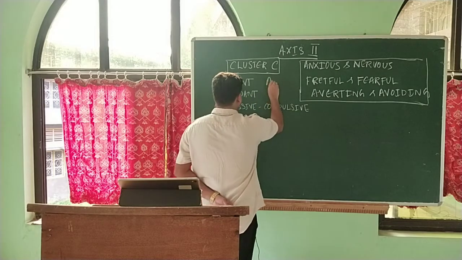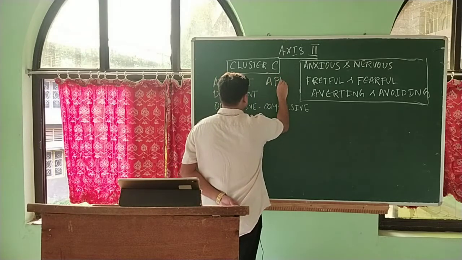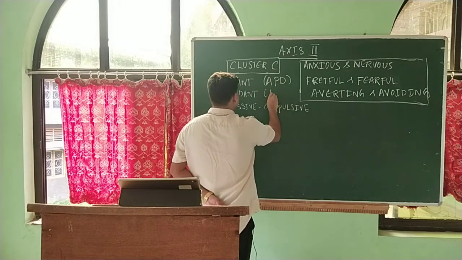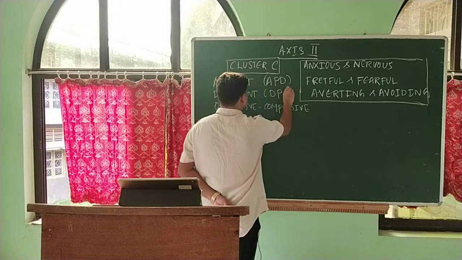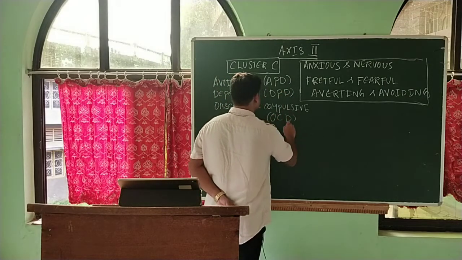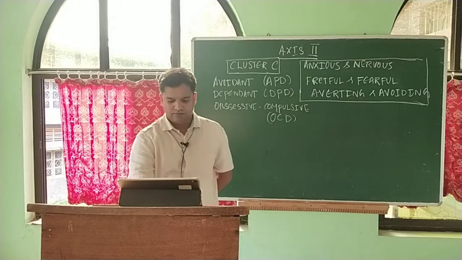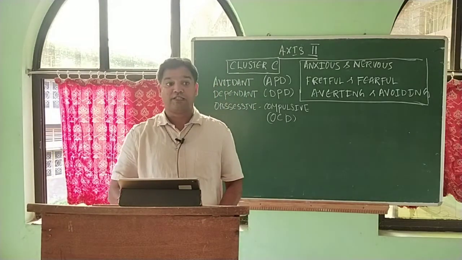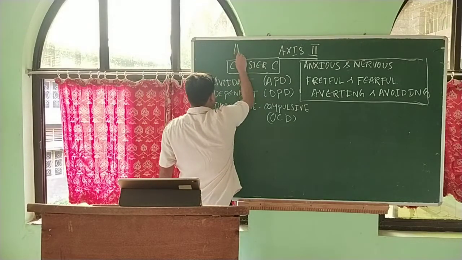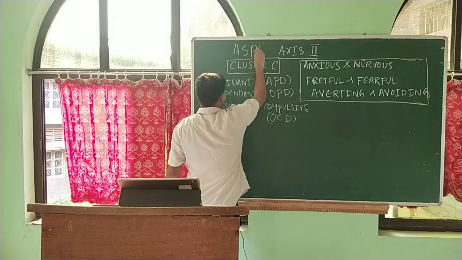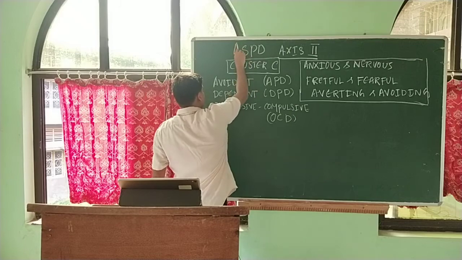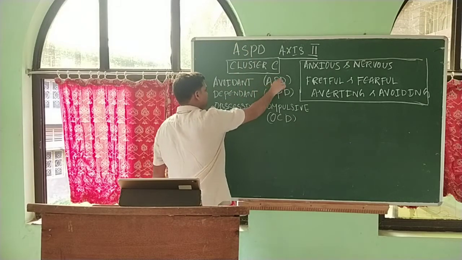So we call it APD, avoidant personality disorder, DPD, dependent personality disorder, and then the famous OCD, obsessive compulsive disorder. Formerly we have seen antisocial personality disorder, which we can call ASPD, just to distinguish it from avoidant personality disorder. So that is ASPD and this is APD.